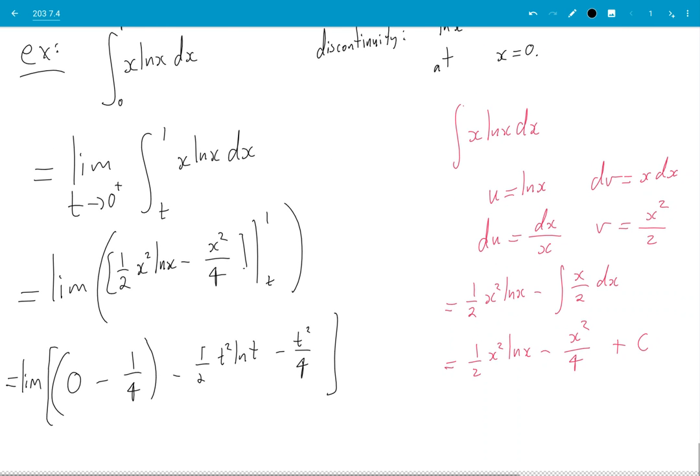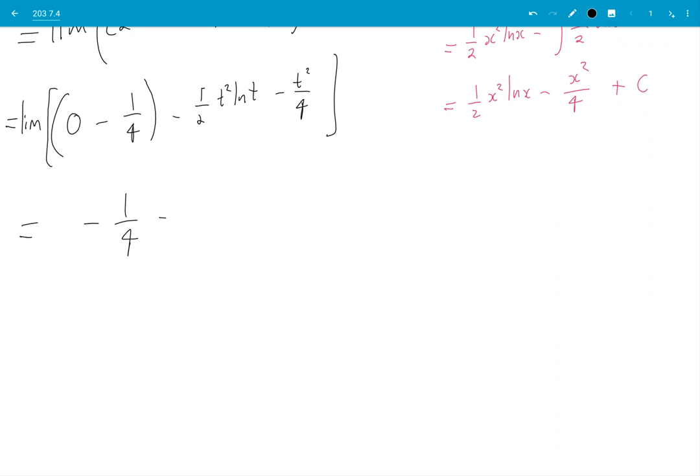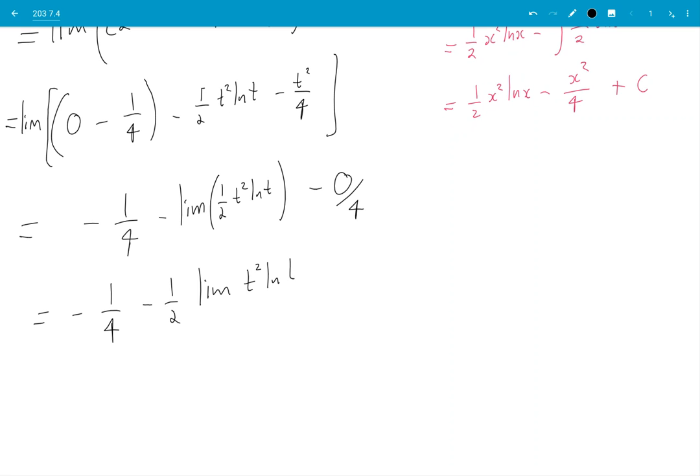Now t is going to 0. So what does that mean? It means you get the minus a quarter from here. You get minus, something strange is happening here. So let's just leave that under the limit. Nothing strange is happening here. It's just going to be 0 minus 0 over 4. So we get minus a quarter minus a half limit t squared ln t.